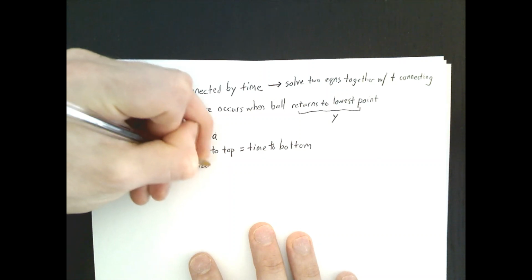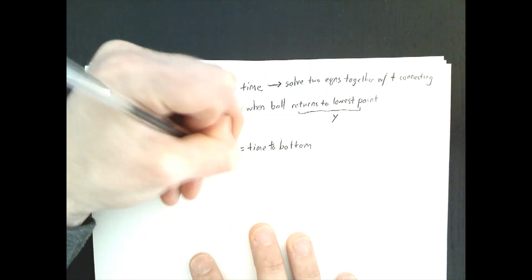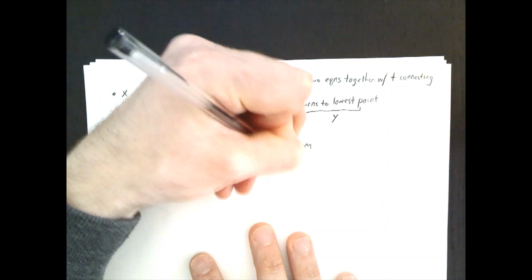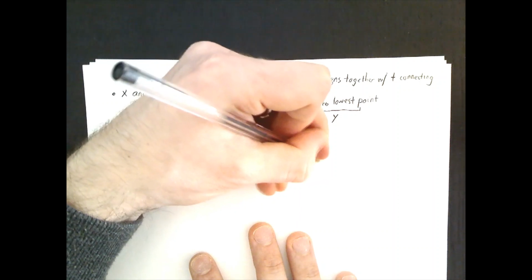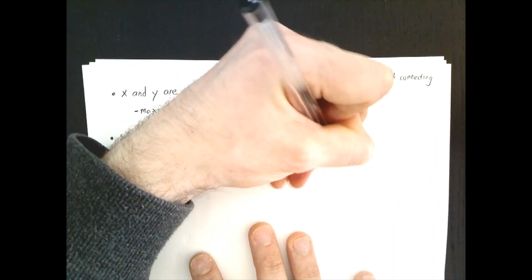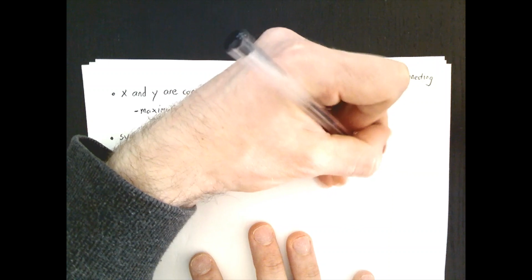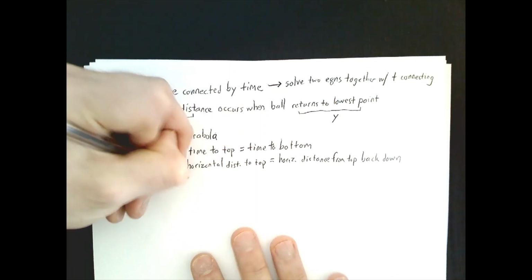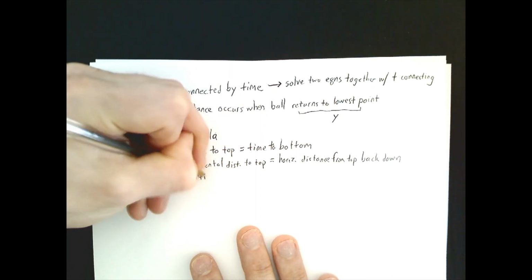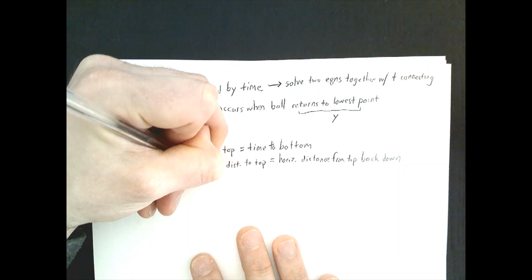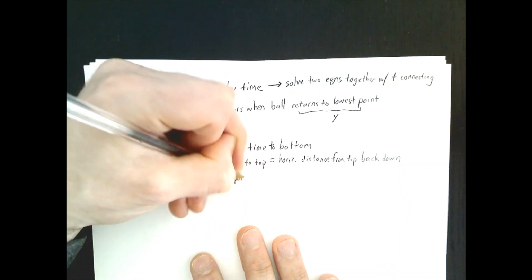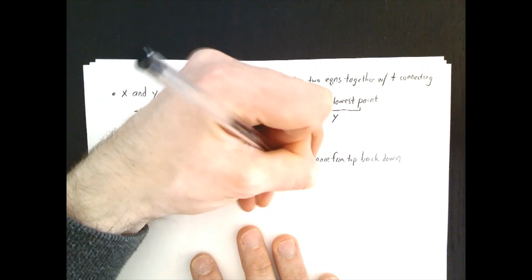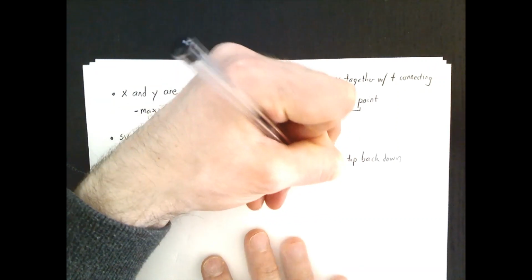Horizontal distance to top is equal to the horizontal distance from top back down, and the vertical component of V flips on the other side of the peak.